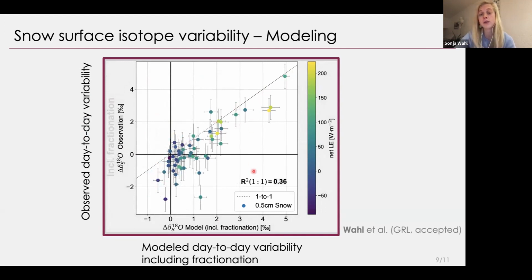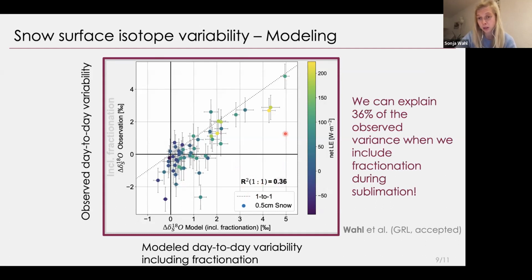And now if I have to give this a value, then we can say that this model, including fractionation, can explain 36% of the observed variability. And what you can also see in these results here is that on days where there's a higher net latent heat flux, so higher net sublimation, the changes that were observed but also modeled are higher, have a greater value.